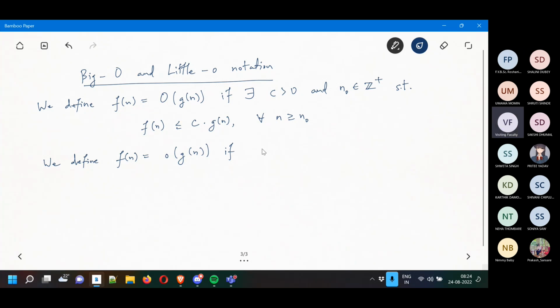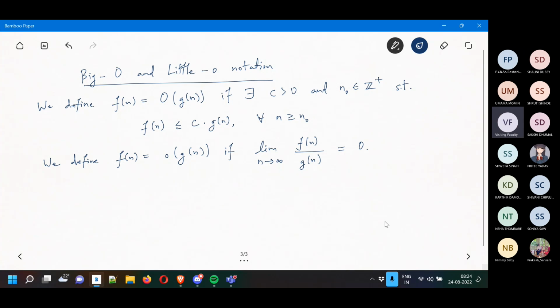What does that mean? If the limit as n tends to infinity of f of n by g of n is equal to 0. When will this limit go to 0? When f of n is much, much smaller than g of n. It will not be a constant even. It is so small that the limit becomes 0.